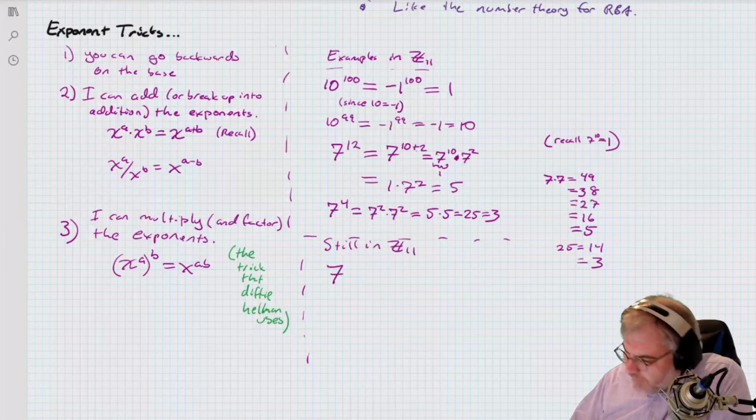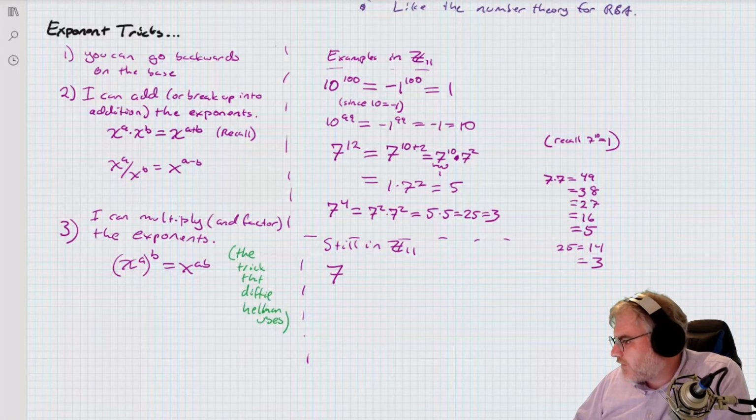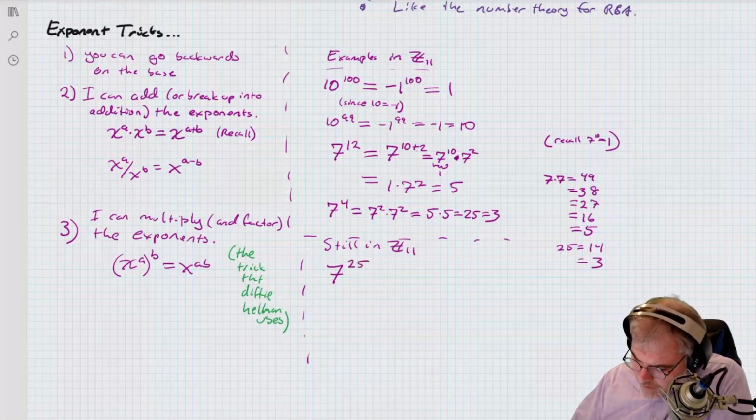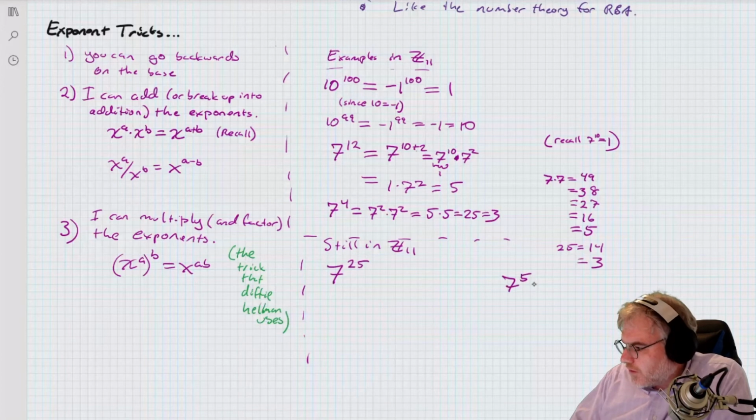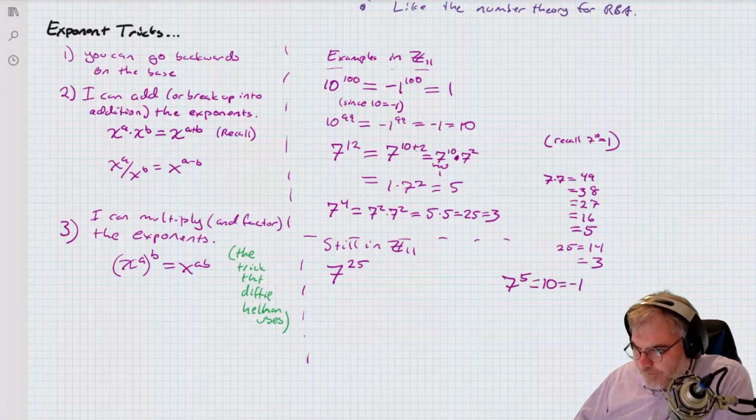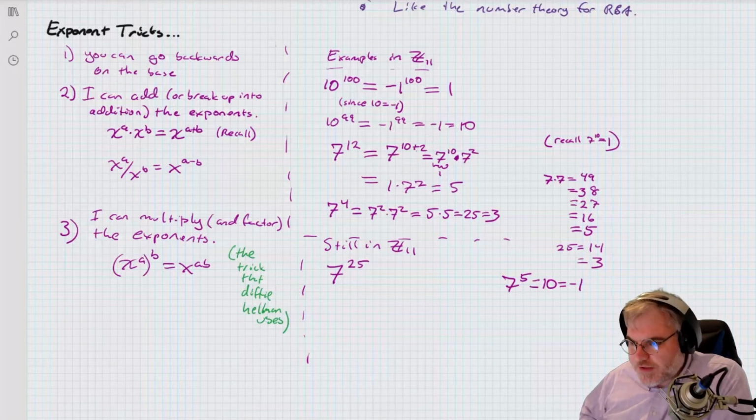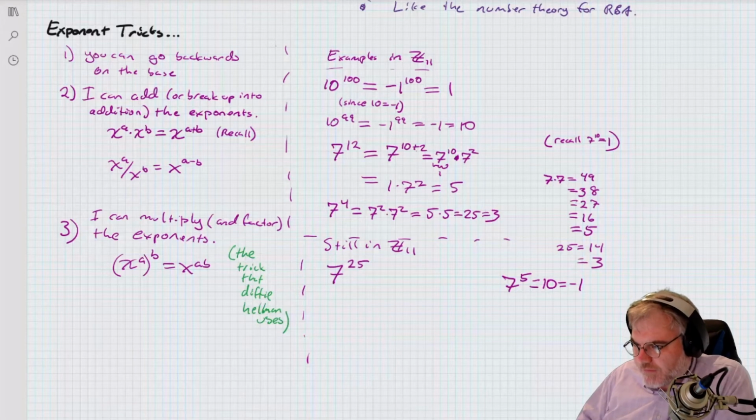Now, I know that 7 to the 5th equals 10, which equals -1. That was on the chart in the quiz, if you don't believe me. Just flip back to it real fast.